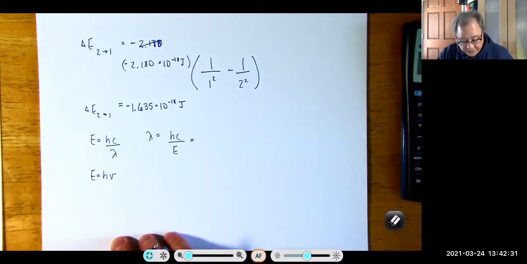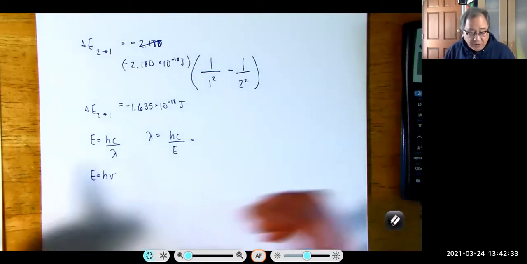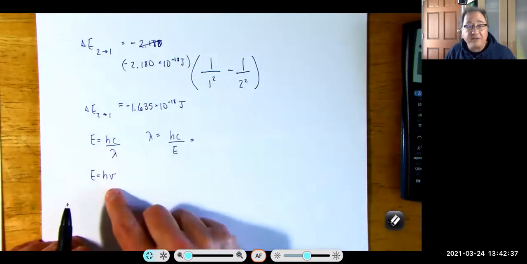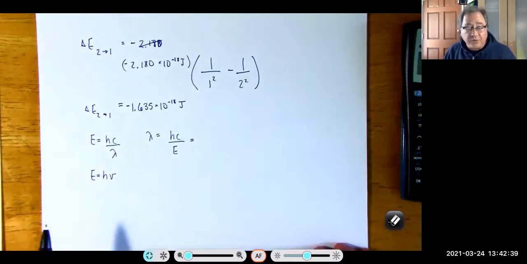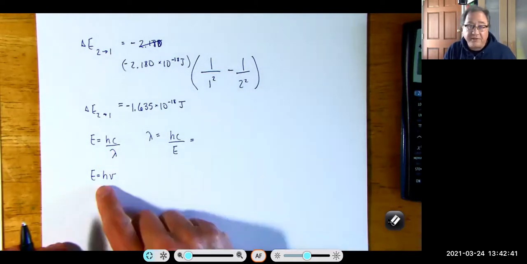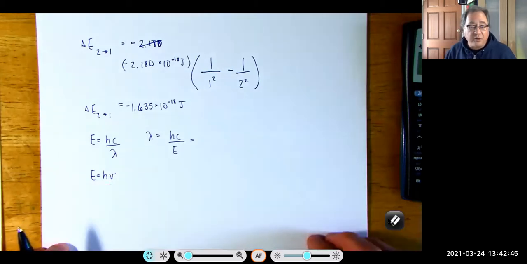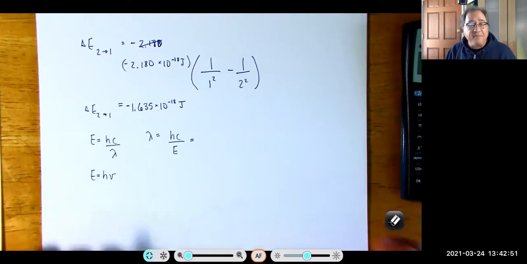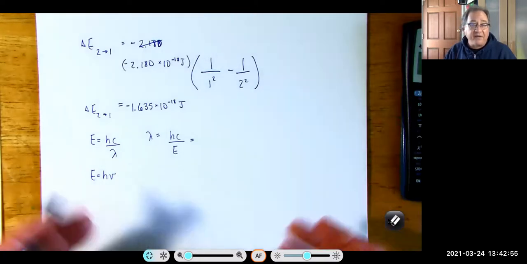Okay. So you just use the one that you want. And since we're trying to calculate the wavelength, we're going to use this top one rather than this bottom one. If the question was, what's the frequency? I'd use this one. Right. So that's the only reason why you use one or the other, depending on what you're being asked. And more often than not, since we're looking at emission spectra and we're looking at wavelengths of lines, you want wavelength, not the frequency.